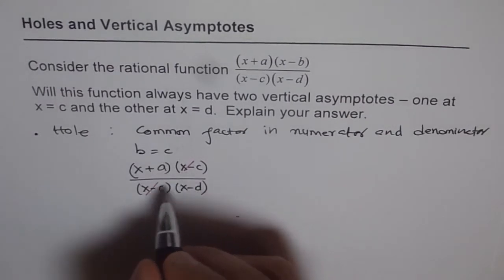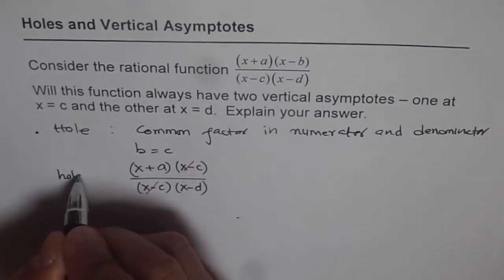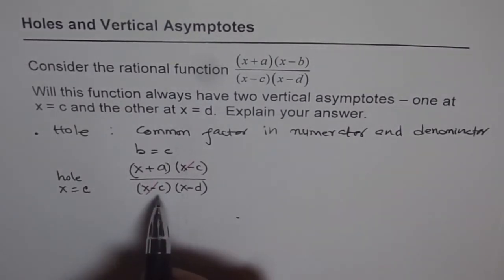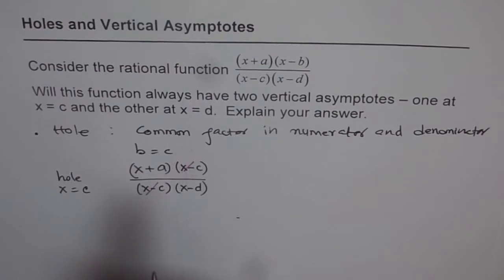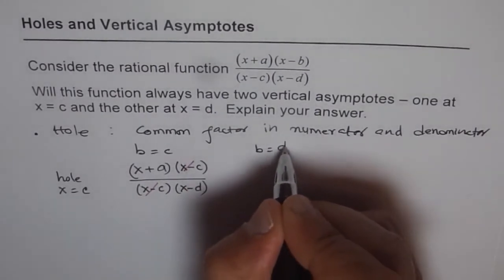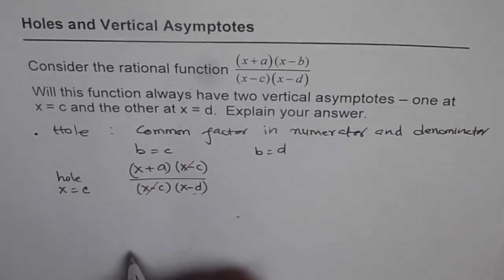Do you understand? So in this case we have a hole at x = c. Do you see that? Not a vertical asymptote, right? Similarly, if I make b equal to d, in that case I'll have a hole at x = d. Do you understand?